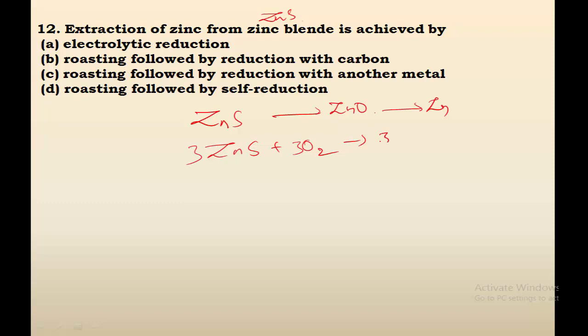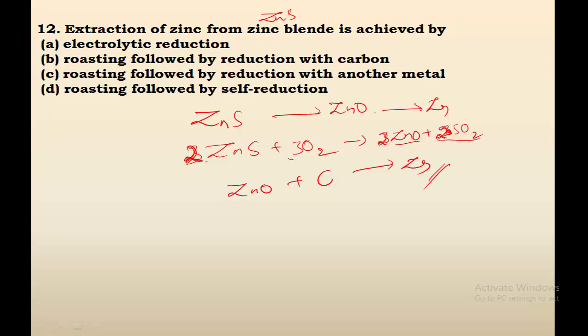So 2ZnS plus 3O2 gives 2ZnO plus 2SO2. Then after getting the zinc oxide, reduce this with carbon, and what you will get is zinc. So this is the method used to extract zinc from zinc blende.